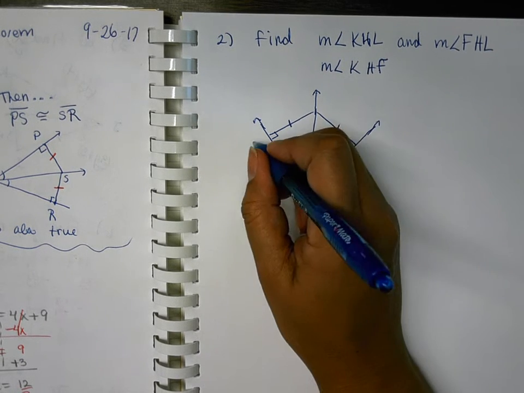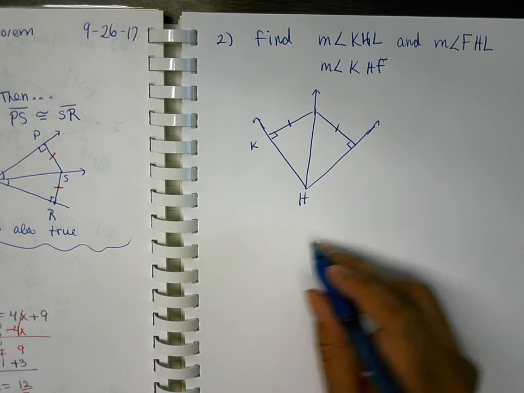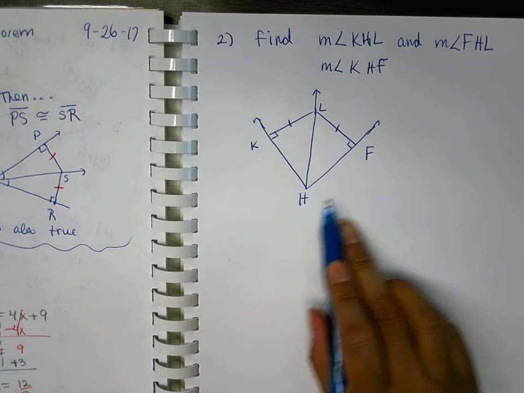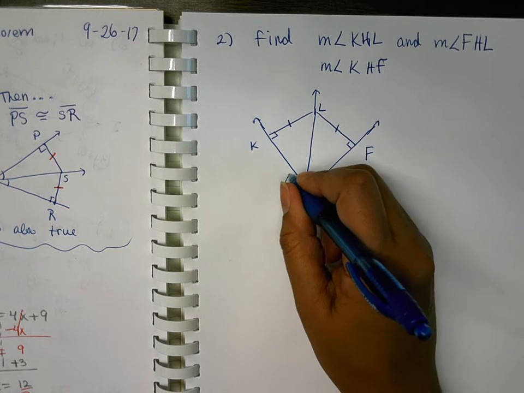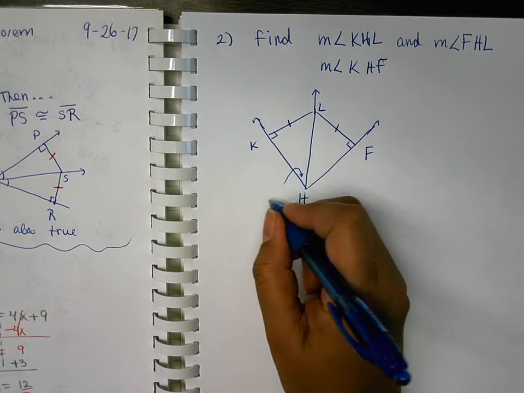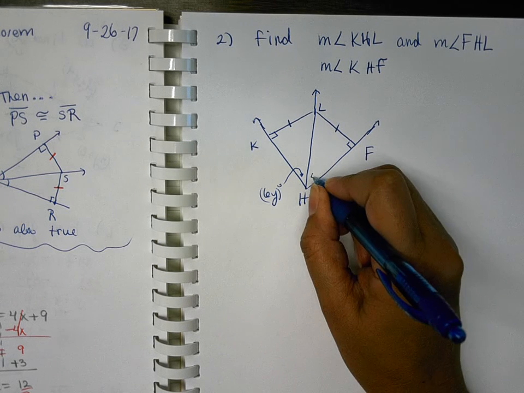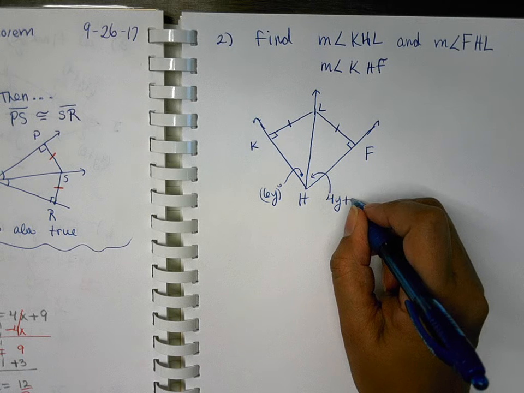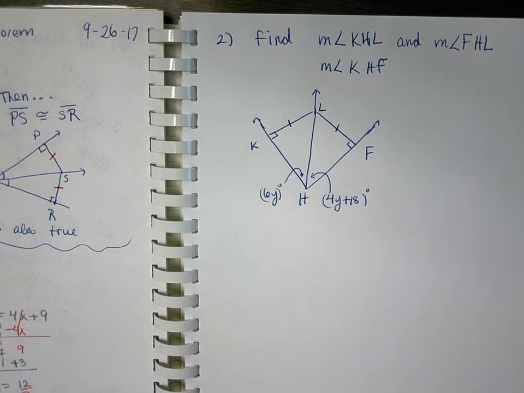I'm going to label this K. This is H, F, and L. K, H, F, L. Okay, putting arrows in here. That angle is 6y degrees. And that angle is 4y plus 18 degrees. Okay.